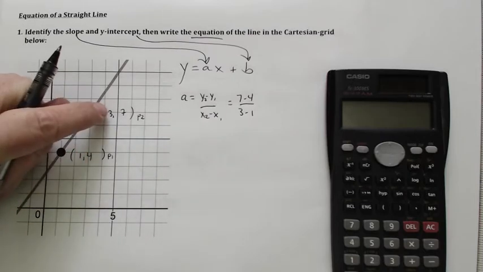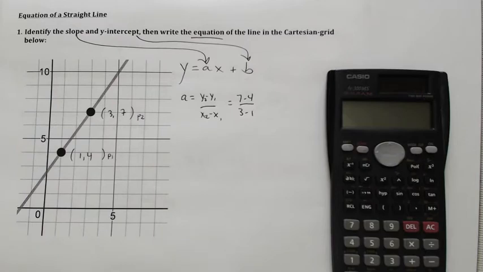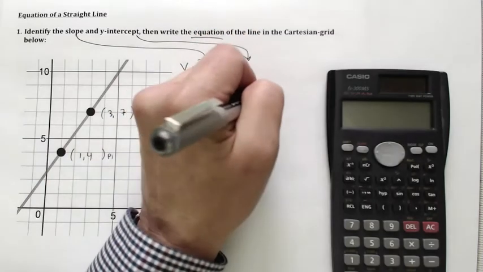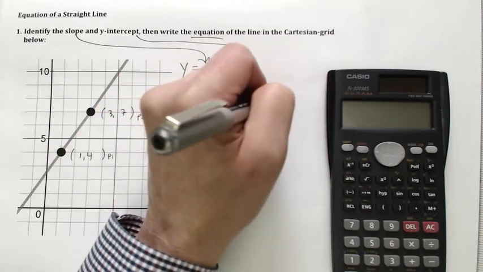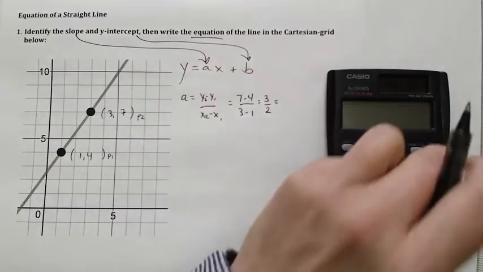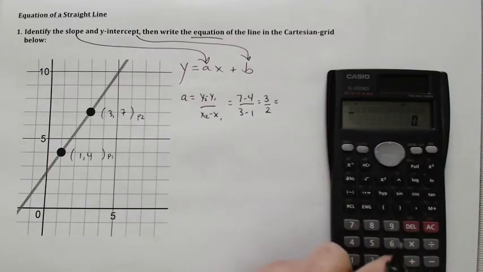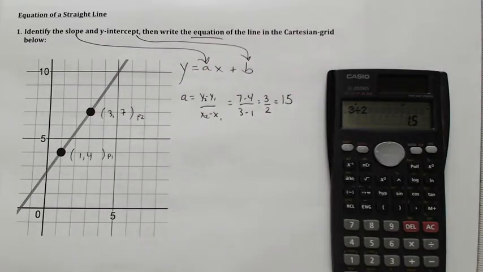So this has to be x2, y2 because I called it P2, and x1, y1 because I called it P1. That's going to simplify down to 7 minus 4 is 3, and 3 minus 1 is 2. And since most of us don't like fractions, we can change that 3 over 2 by dividing out the fraction, and we get 1.5 for the a, or the rate of change.